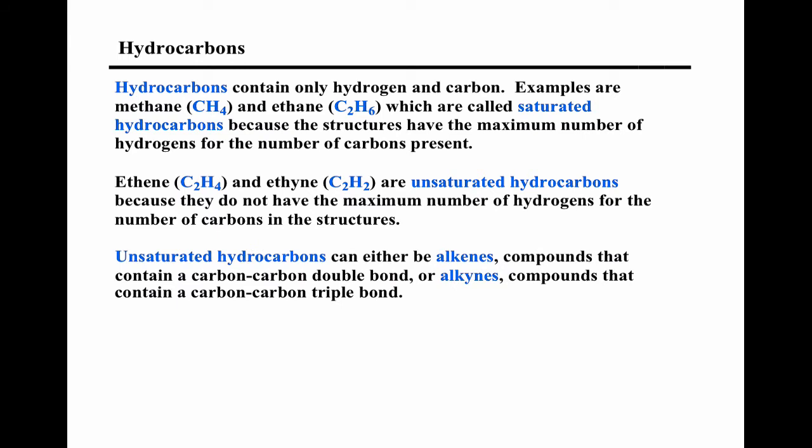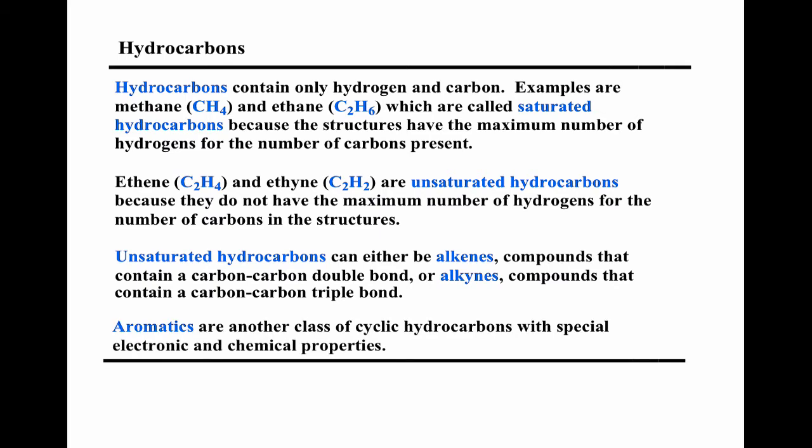Unsaturated hydrocarbons can be things called alkenes or alkynes. Alkenes have carbon-carbon double bonds. Alkynes have carbon-carbon triple bonds. We can talk an awful lot about those types of hydrocarbons. There's another set of molecules called aromatic hydrocarbons, a class with special electronic and chemical properties.